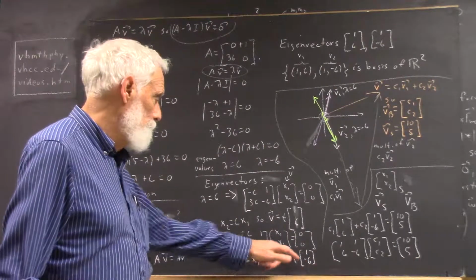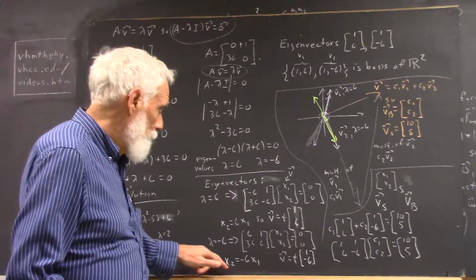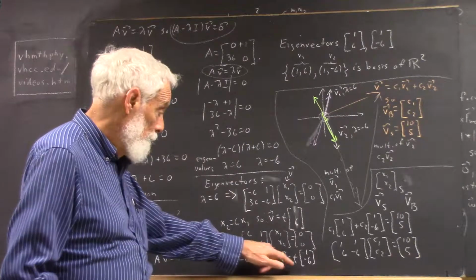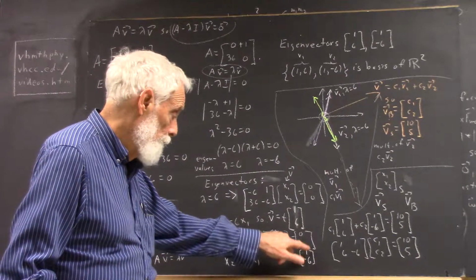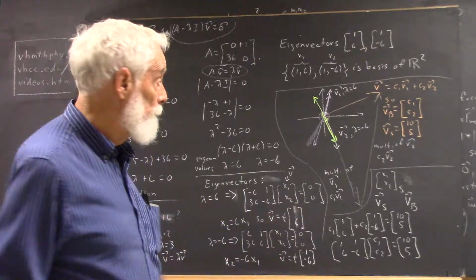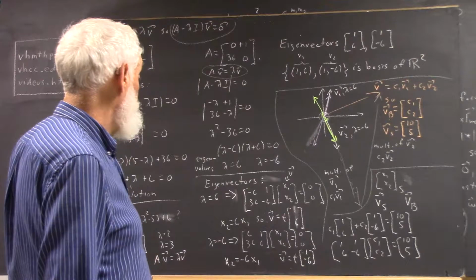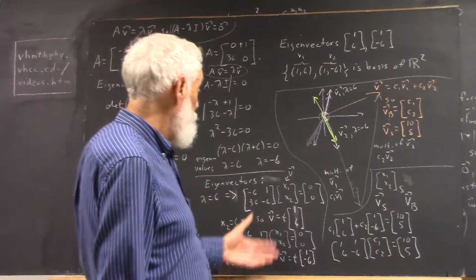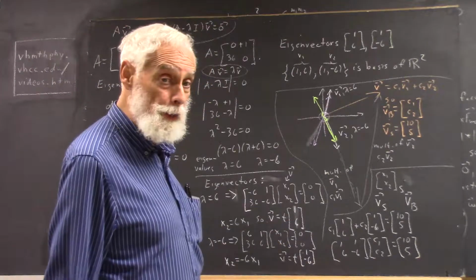Letting x1 equal t, x2 equals negative 6t, and factoring out the t, there's the vector we get. Again, refer back to the details from last time. Okay? So this gives us two eigenvectors, 1, 6 and 1, negative 6.